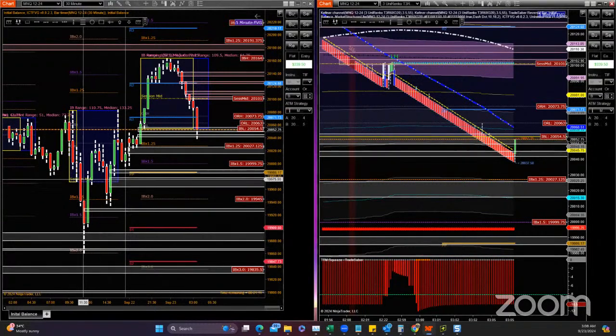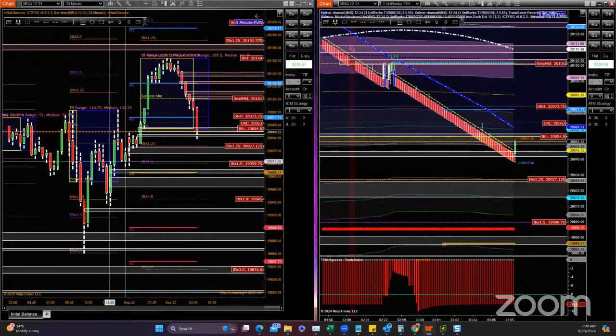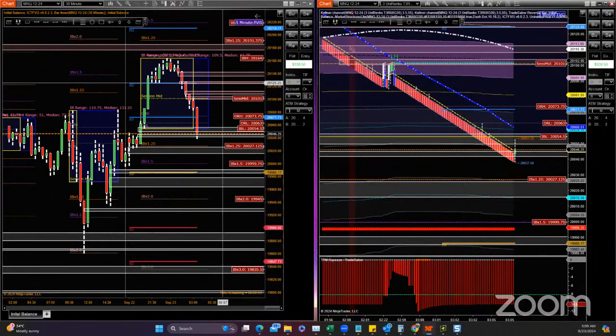Why? Because we had the session mid already down here, right at the border down there. So there's no longer a target of the session mid because it's down here. So therefore, the logical target would be up to the upper mid or upper range there, and it did exactly that. Now, if you took that trade, that'd have been a great trade.